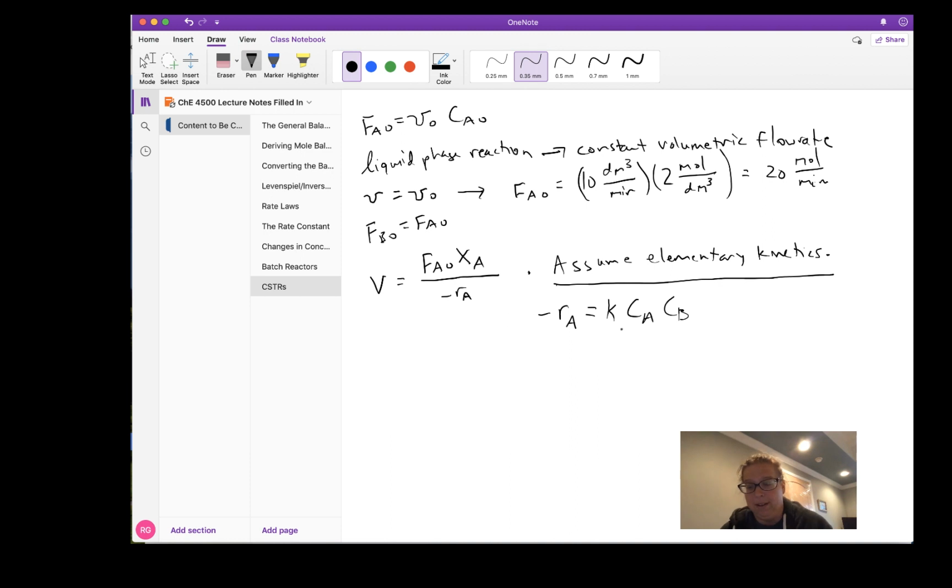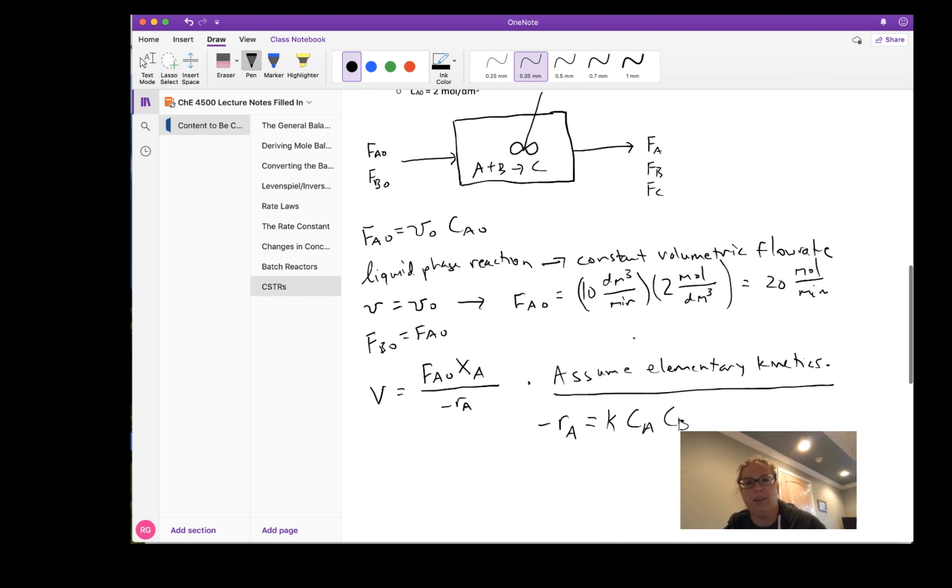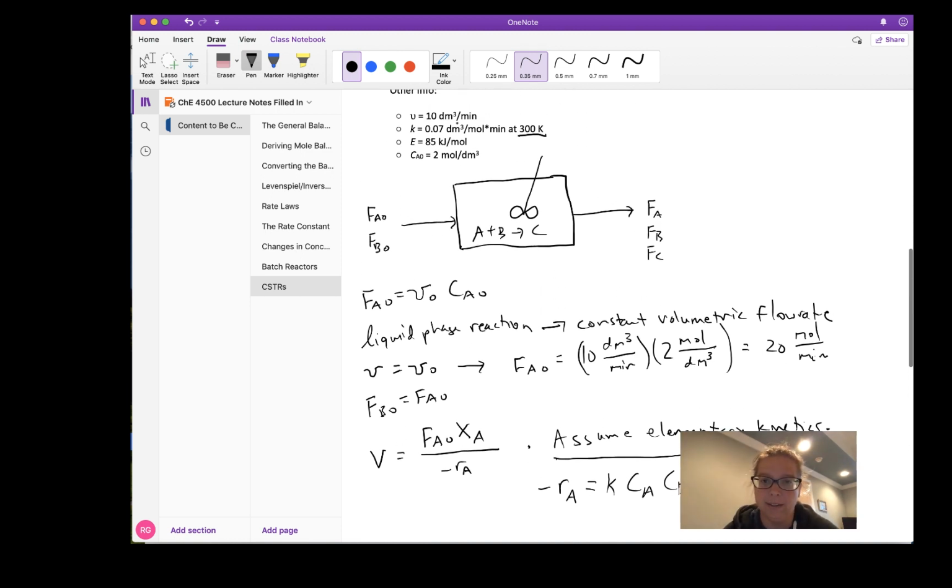Writing this rate law, I noticed that if I have elementary kinetics, my rate law is equal to a rate constant times concentration squared. And if I go back and look at the units on my rate constant, I have inverse concentration per minute. So that makes a lot of sense. That means the units on my rate would be concentration per minute, and that's an appropriate set of units for a rate.